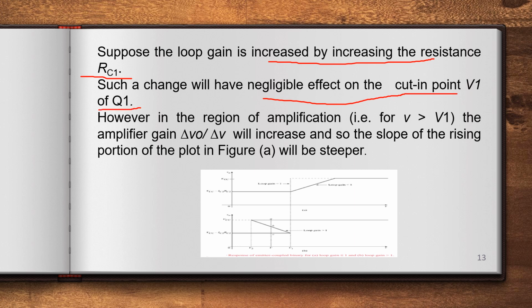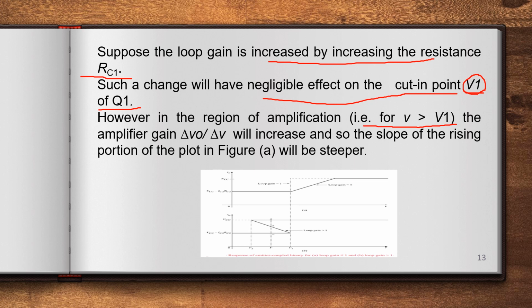Here the cut-in point V1 is equivalent to the cut-in voltage V gamma 1 of transistor Q1 plus the emitter voltage, which brings the transistor Q1 into conducting stage, and is called V1. However, in the region of amplification, that is when the input voltage is greater than V1, only then does transistor Q1 start conducting. So that region is called the region of amplification.